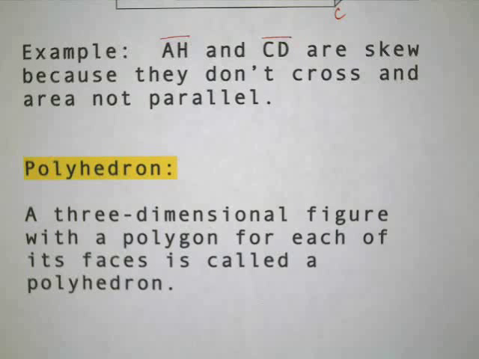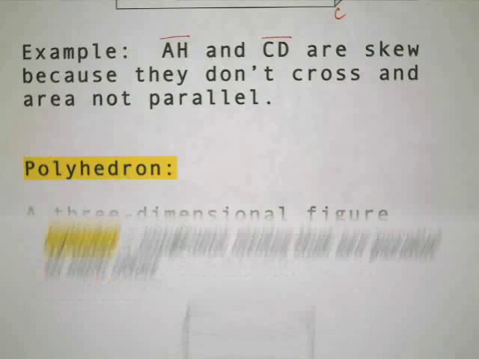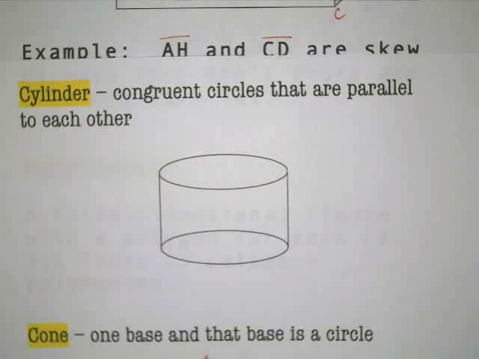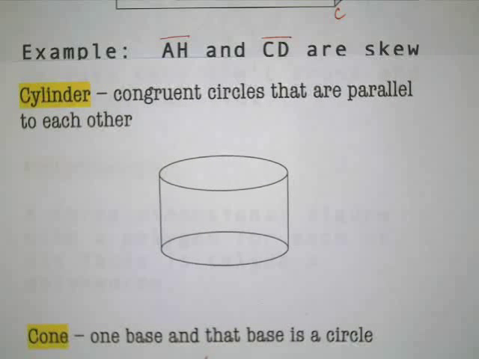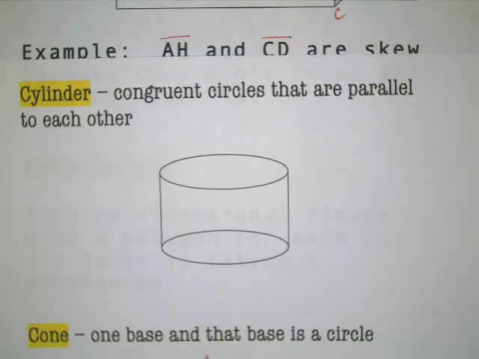All right. So then a polyhedron. Really? This is really simple. Any figure that has a polygon in it that's three-dimensional is called a polyhedron. So, here's my question to you. Is that a polyhedron? Is that a polygon? No. So is that a polyhedron?